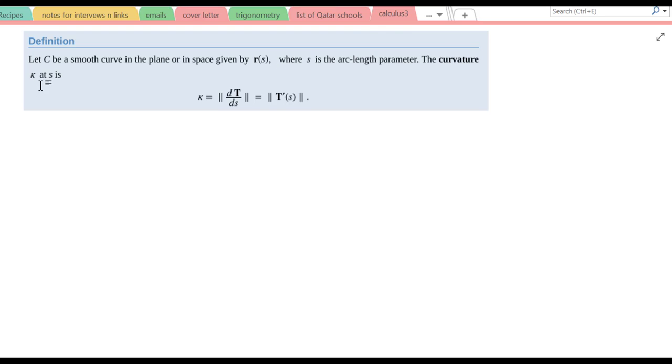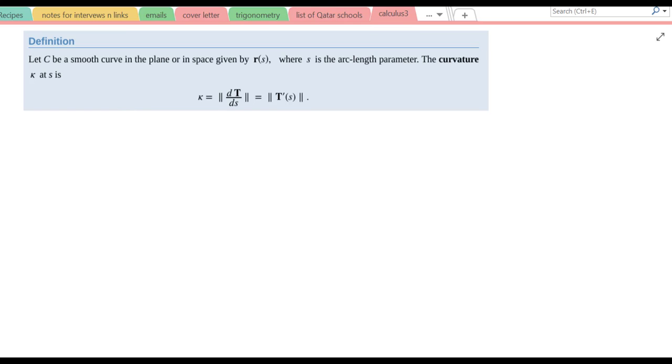So the curvature kappa at the point s is equal to the derivative of the tangent vector with respect to the arc length s.